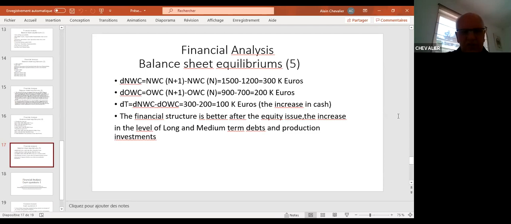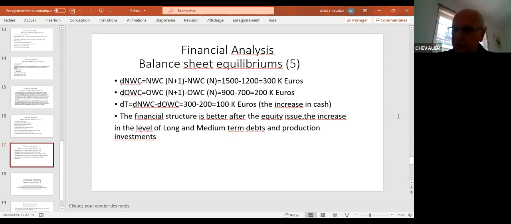So this is what I wanted to show you on the three main equilibriums, which are very essential in financial analysis, and which are used, as I did, with a static approach, with a dynamic approach.